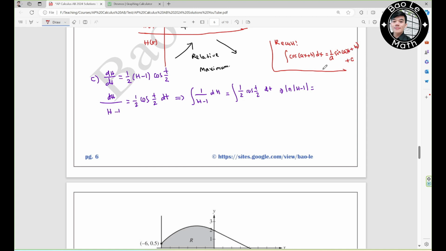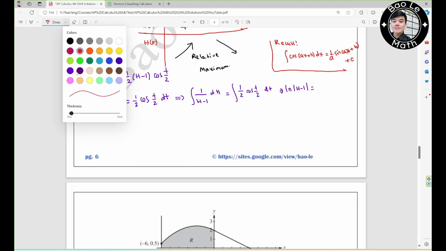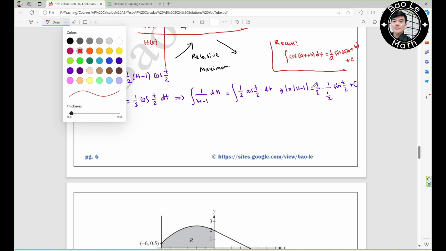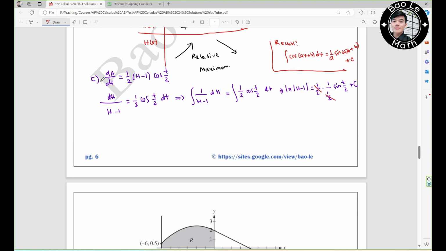So this guy turns out to be 1/2 times 1 over 1/2 sine t over 2 plus c. Now the 1/2 cancels out.